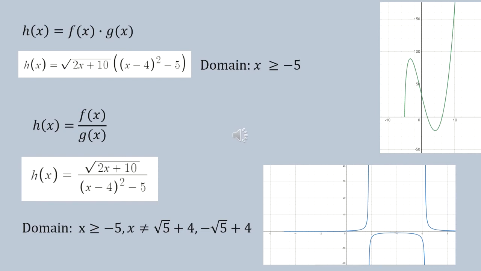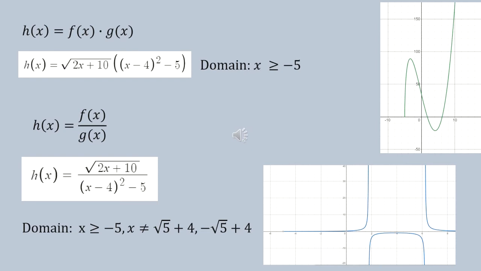So my domain of this quotient is still x greater than or equal to negative 5 because of the square root, but now that I put the parabola in the denominator, x cannot be the two 0 values of the parabola. So x cannot be square root of 5 plus 4 or negative square root of 5 plus 4. So this domain has a slight addition to the restrictions.